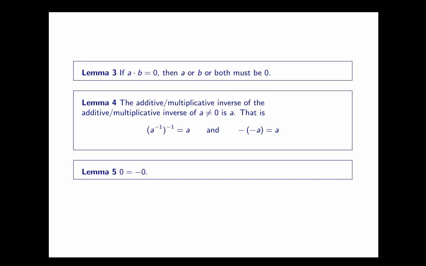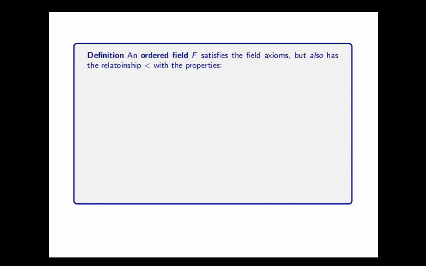Also, 0 and -0 are the same number. Of course, you might be wondering, wait, where's the proof? Well, the proof is in your homework, because you'll have to prove it in your homework. Okay, now we can get to the further axioms that we need in order to generate the real numbers.